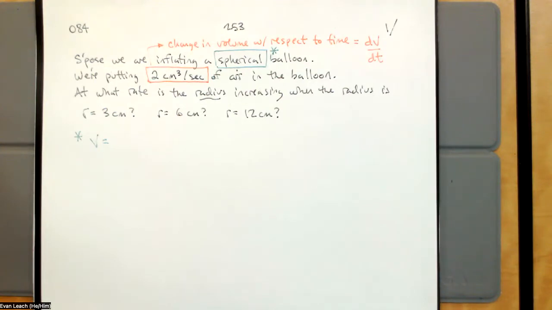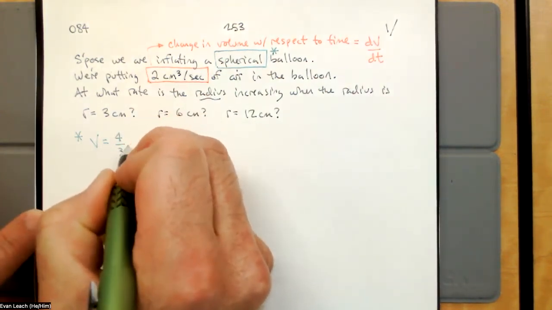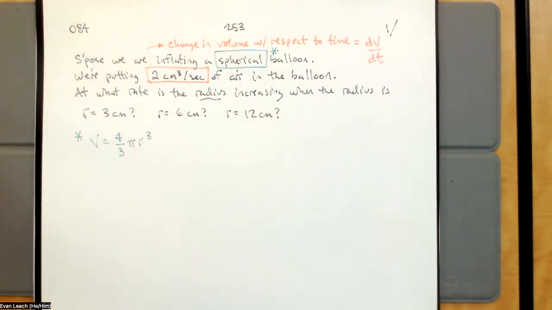So we think about a sphere, and we're given a change in volume with respect to time. So I'm going to write down what I know about the volume of a sphere. The volume of a sphere is 4/3 pi r cubed. This is the volume of a sphere as a function of its radius.